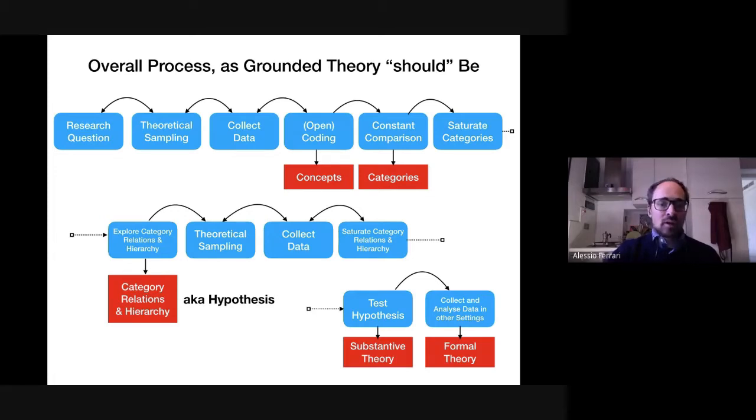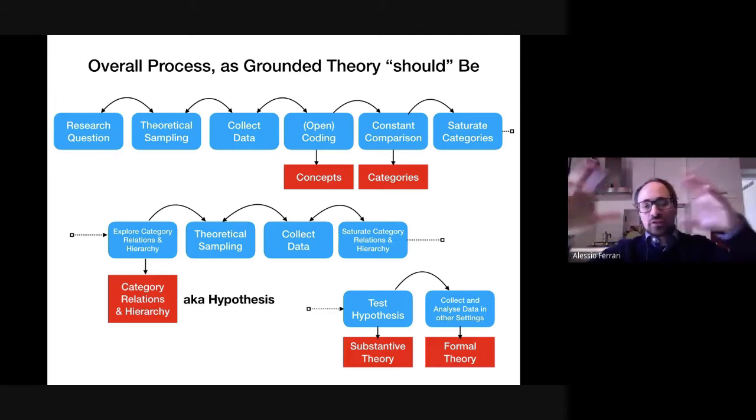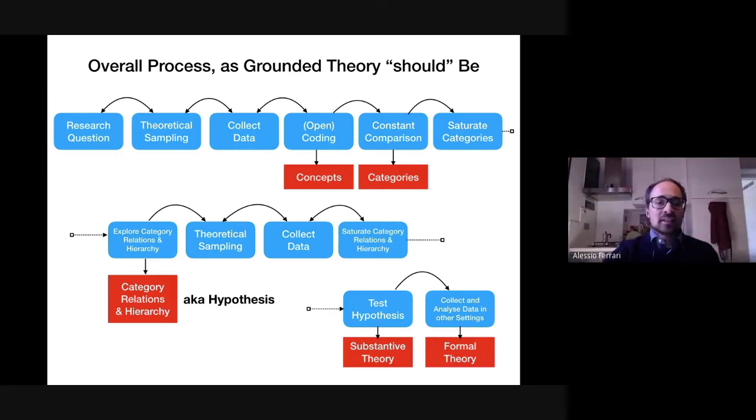Then you explore category relations and hierarchy and produce your hypothesis. So that is your structure, your set of themes, because this is the activity of thematic analysis, basically. And you do theoretical sampling, so collect new data, and you reach a saturation of categories and relationships.